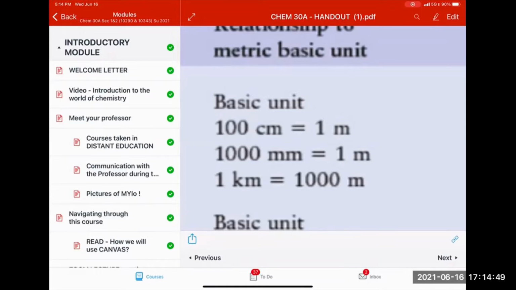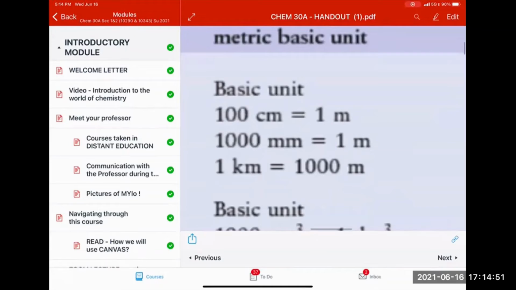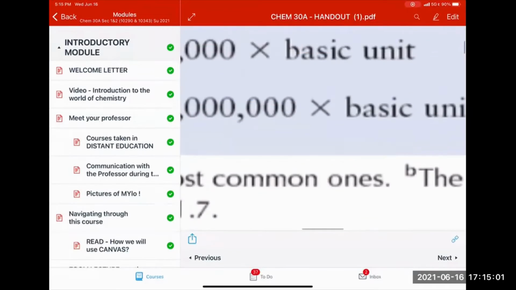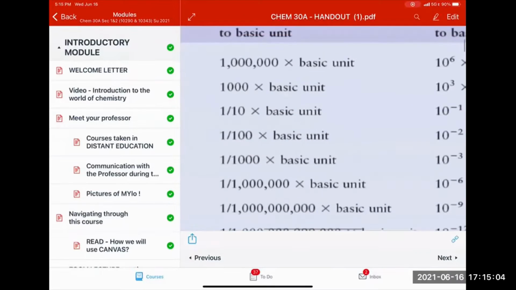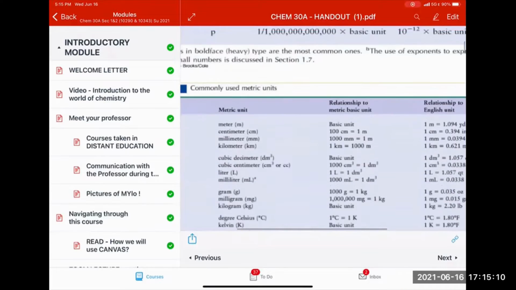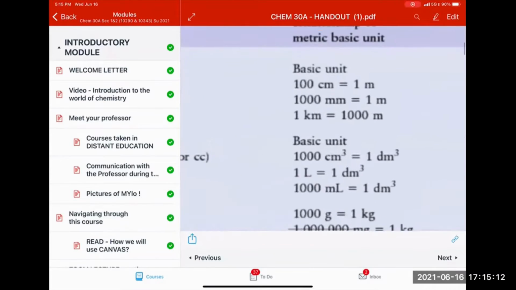Now look at these relationships in the metric system. How is 1 meter related to millimeter? 1 meter is equal to 1000 millimeters. So when we go up here, how are you relating these mega, kilo, deci, centi to each other? Even in that, these units come into play.